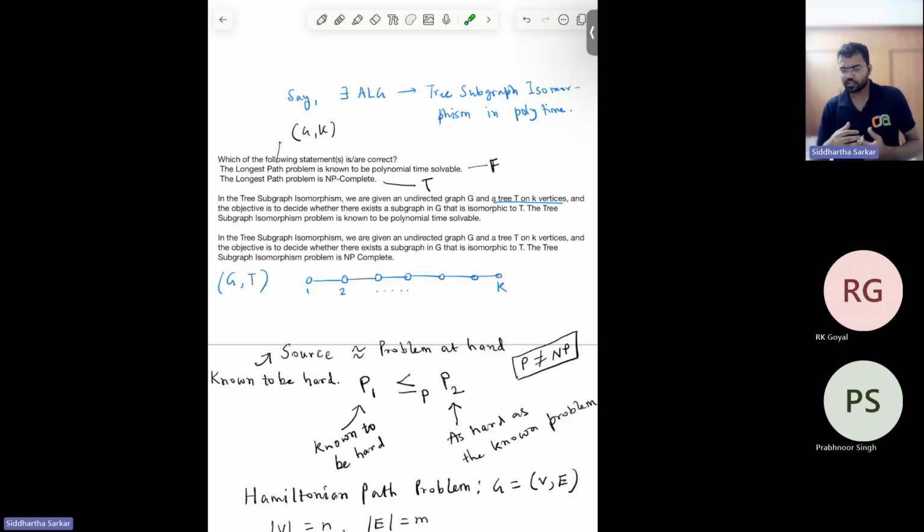You did not reduce it directly; instead you used some more elementary machinery to get to the conclusion, and that is also another way of looking at it. Anyhow, this lets us conclude that this problem is not polynomial time solvable. This statement will be false, whereas the other statement, that this problem is NP-complete, is true.